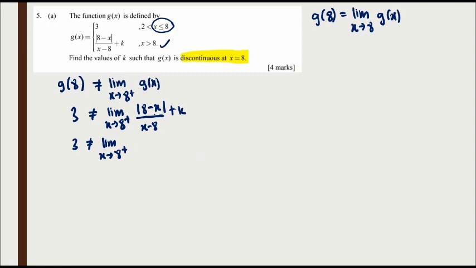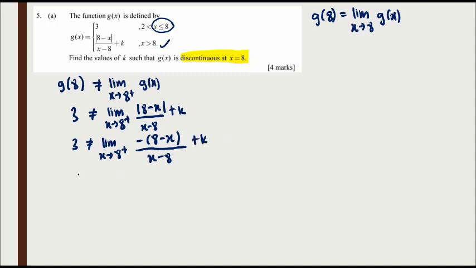Since it is from the right, we can change the absolute value to a negative. Then we have 8 minus x, we take the negative value, divided by x minus 8, plus k.